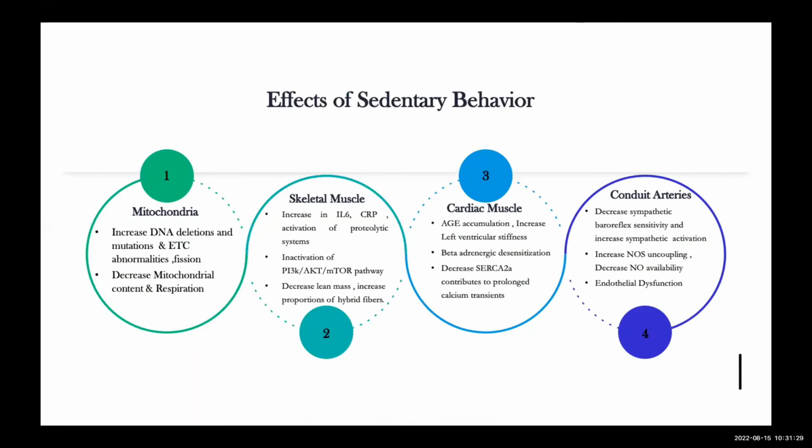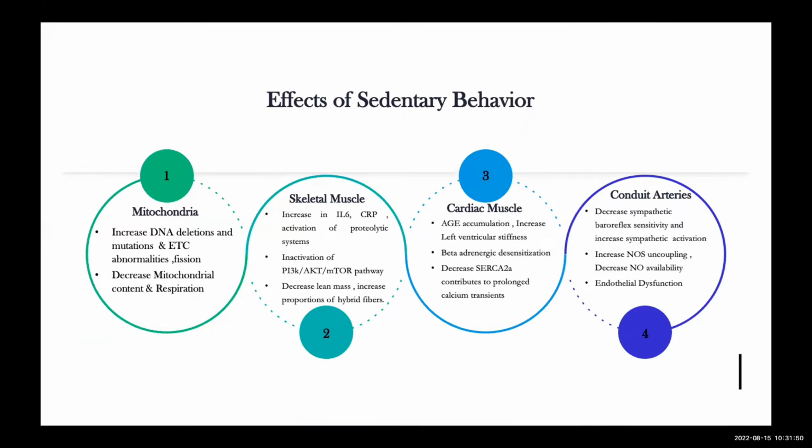So what are the side effects of sedentary behavior? Now the defects start at the very mitochondrial level, and this becomes a very important part. The defect starts from DNA deletion and mutation. There's abnormality in the electron transport chain, and there is decreased mitochondrial content and respiration.